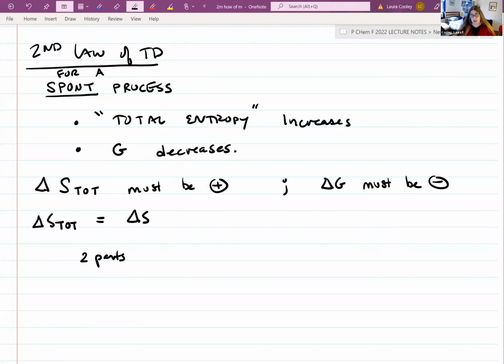So I'm not going to put a system subscript there. You have to know that delta S without any subscript refers to the system. And the other part is the change in entropy of the surroundings.